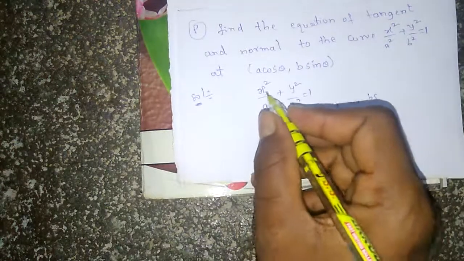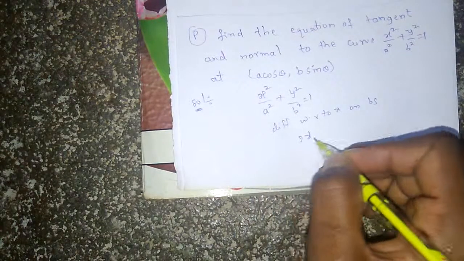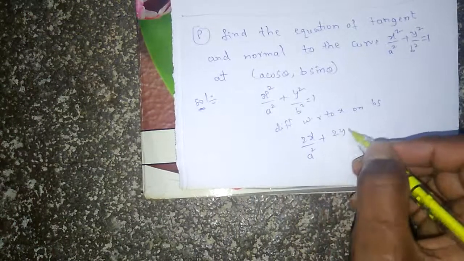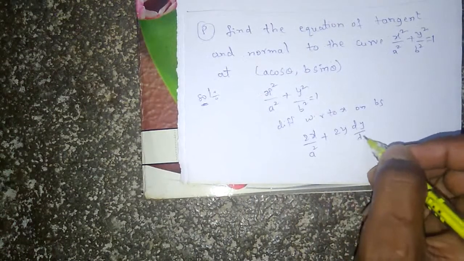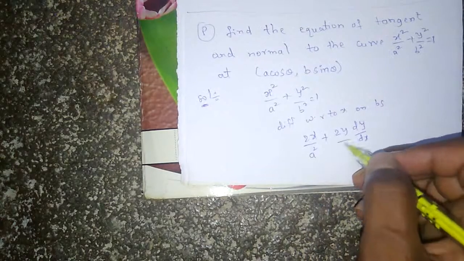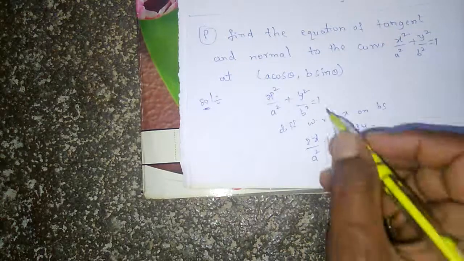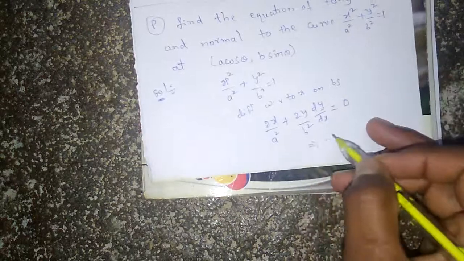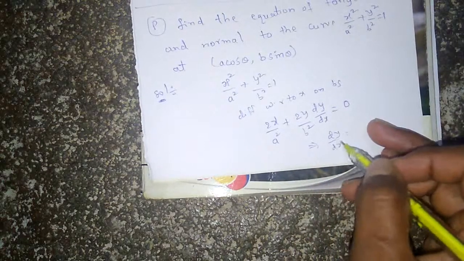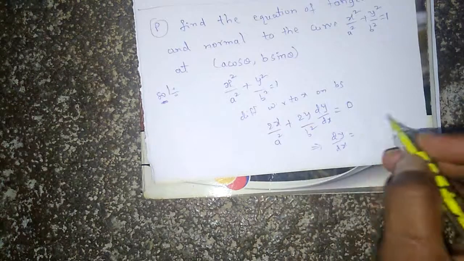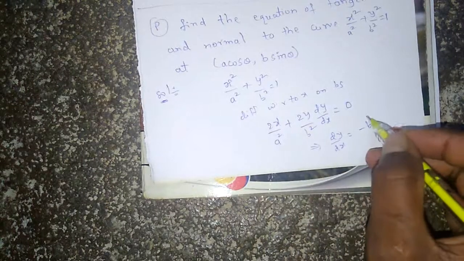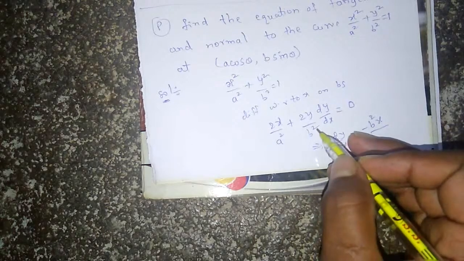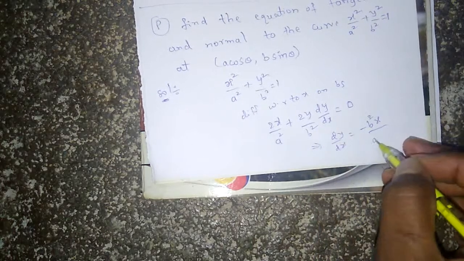This is the derivative of x square, 2x by a square. Derivative of y square is 2y into dy by dx by b square, is equal to the derivative of 1, which is 0. This implies dy by dx is equal to, so this will be minus b square x by a square y.